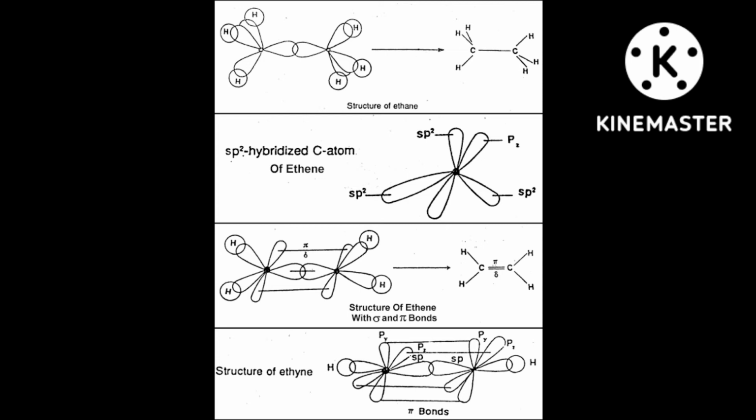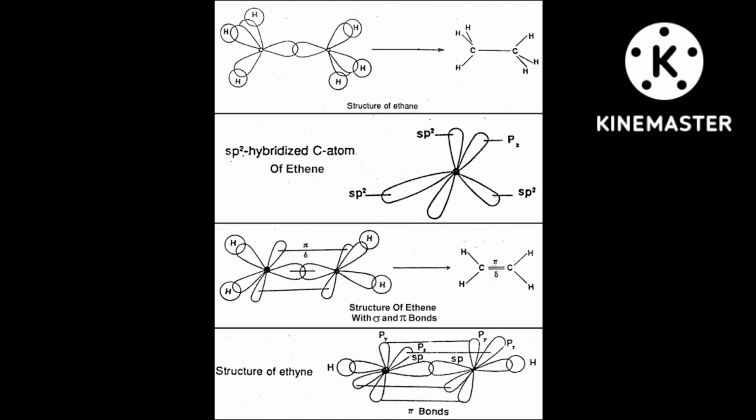That's why it is not possible. But with 3d it is possible. 3s, 3p, 3d is possible. And as I told you, 3d, 4s and 4p is possible because they are a little closer.